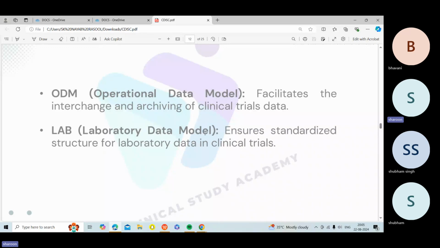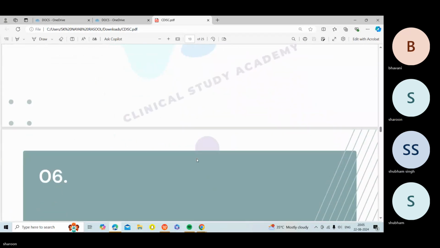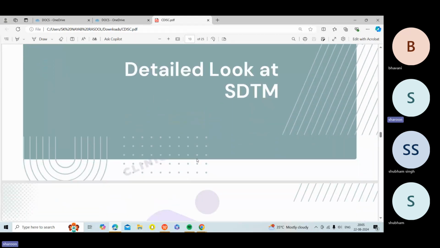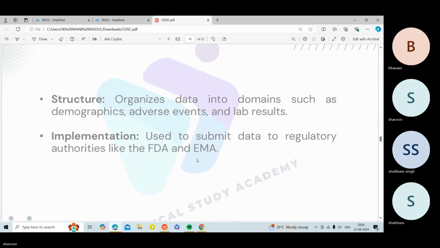Laboratory Data Model ensures a standardized structure for laboratory data in clinical trials. Detailed look at SDTM. Structure: organizes data into domains such as demographics, adverse events, and lab results. Implementation: used to submit data to regulatory authorities like the FDA and EMA.